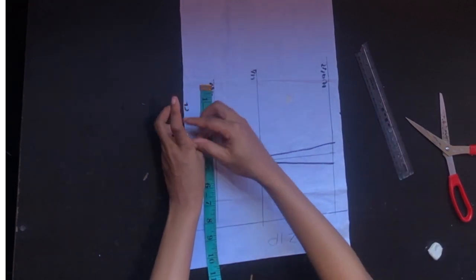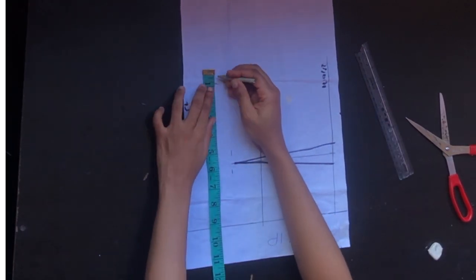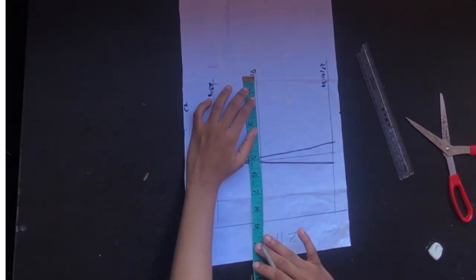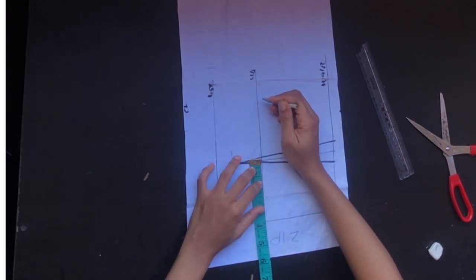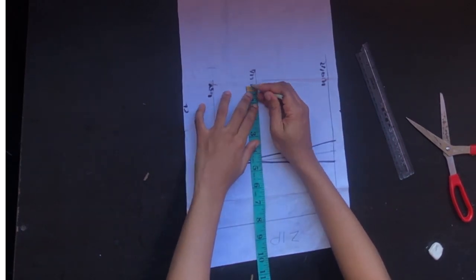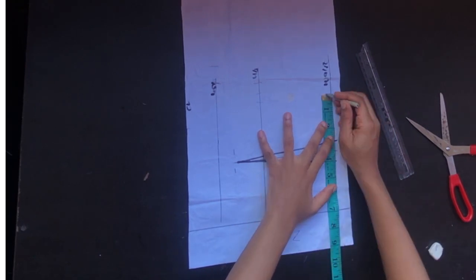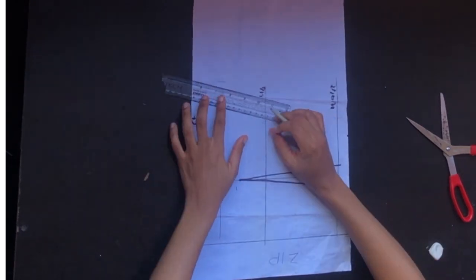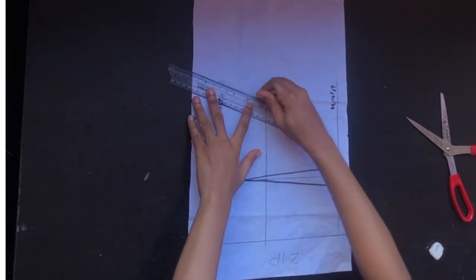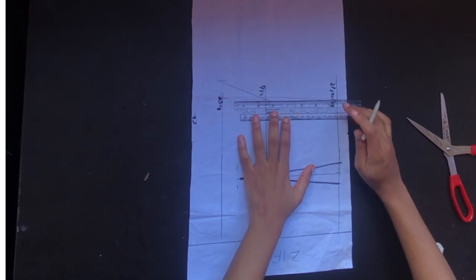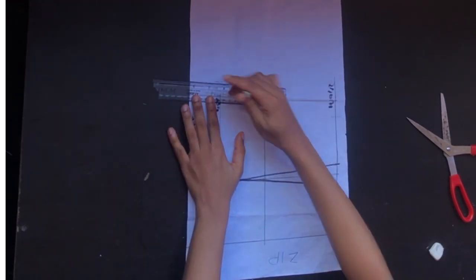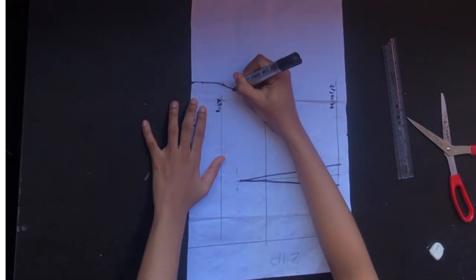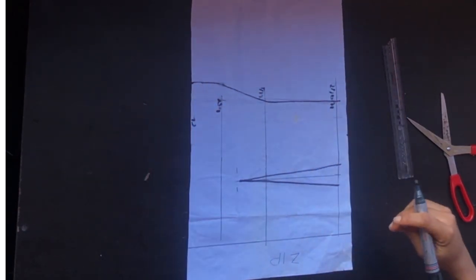Now I'm going to go ahead to mark my bust circumference divided by 4, mark 1 inch dart intake, and at this point all my measurement is starting from the zip line, and I'll mark my under bust circumference, go ahead to measure the dart intake and allowance, mark my waist circumference divided by 4, go ahead to mark the dart intake and the allowance, and I'm just going to connect from the under bust down to the waistline, and I'm going to take it up this way, and I'll just go ahead to outline all the marks.